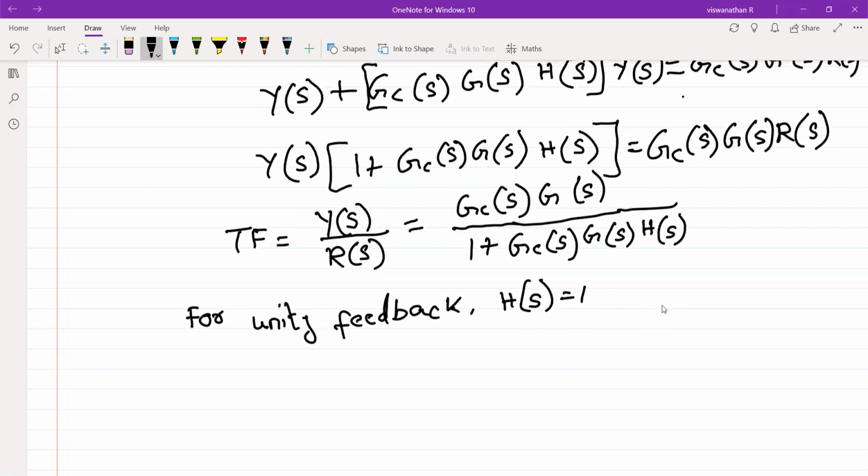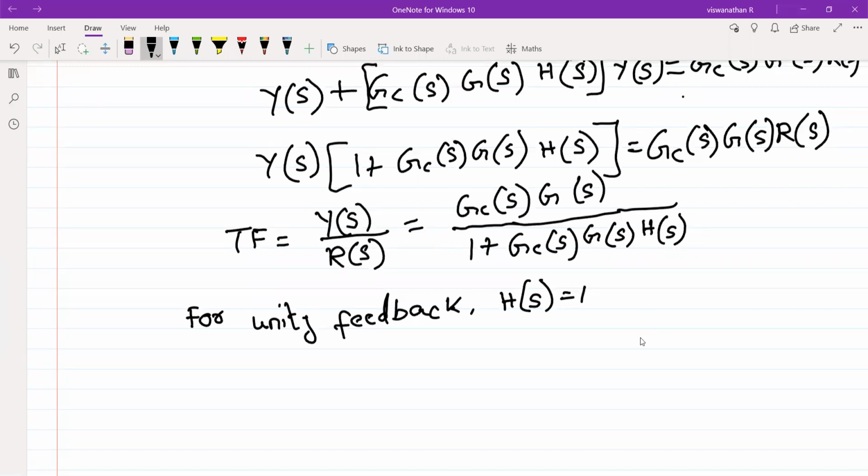So what will be the transfer function? It will be Gc(s) into G(s) divided by 1 plus Gc(s) into G(s). Clear? If you consider H(s) as 1, unity feedback, that is you assume that there is no noise picked up by the sensor.